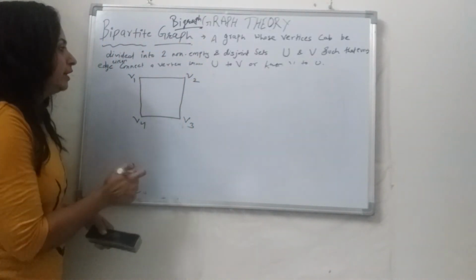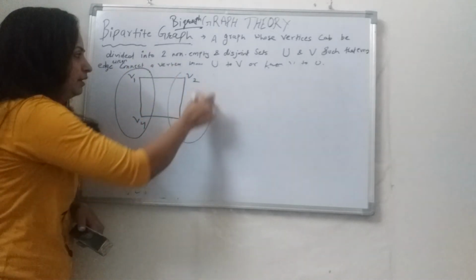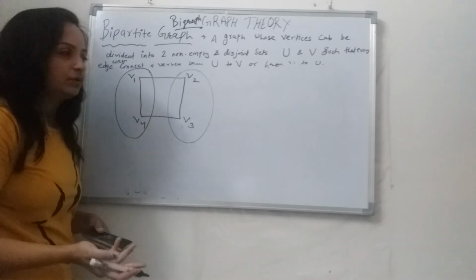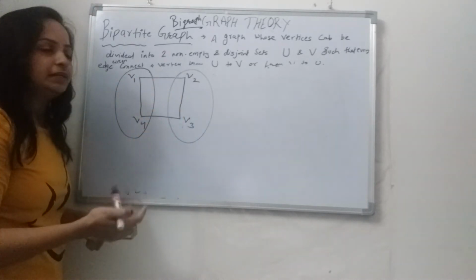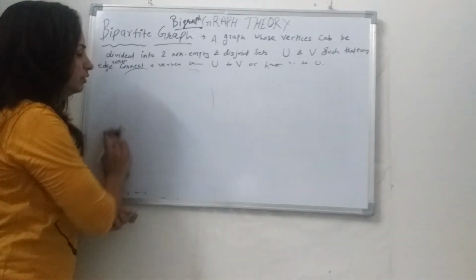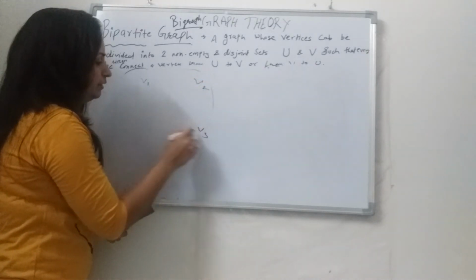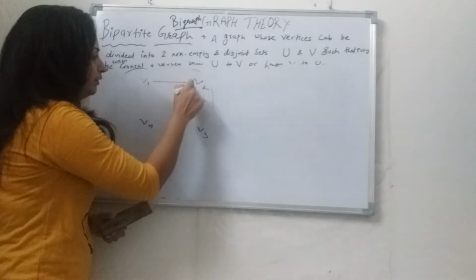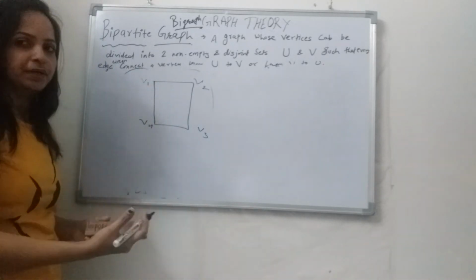If I draw the sets like this, we can determine that this is not a bipartite graph, because vertices in the same set are connected. But this is not always the case. You can do it another way also. V1, V2, V3 and V4. This was my graph, and I'm just changing the way I look at the graph.